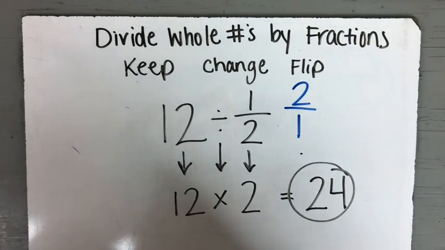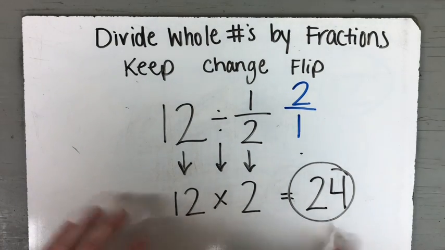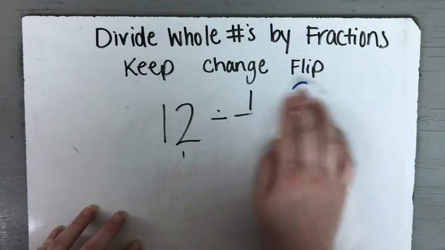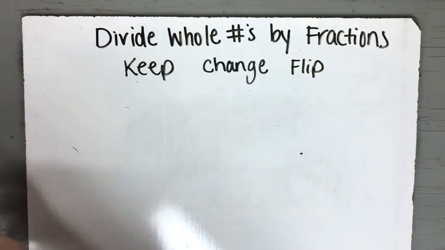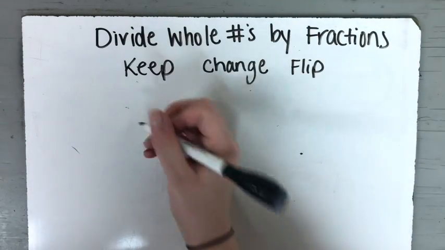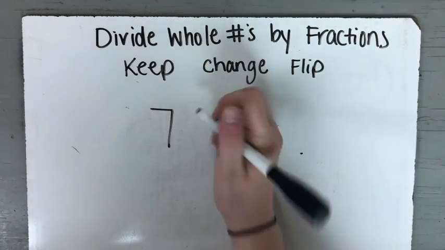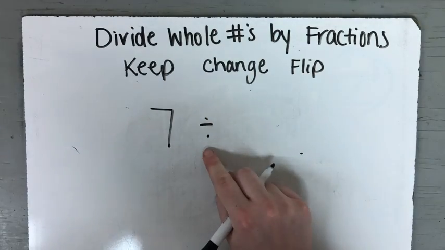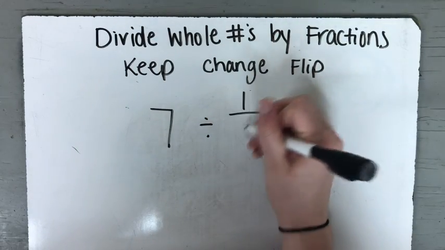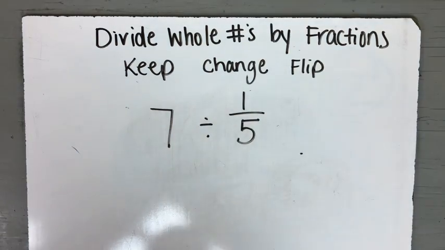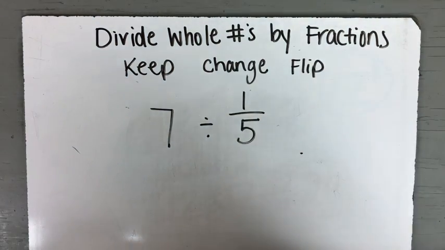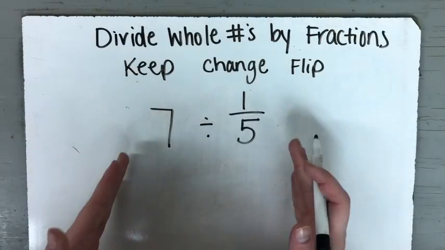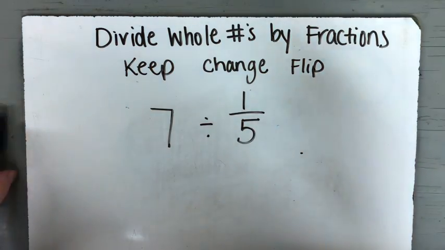We're going to do one more example, but notice how in every one of these problems, my whole number is my first number. That's the number I'm going to keep. You always change your division symbol, and you always flip the fraction. These same rules are going to apply as we go further into dividing fractions, so I thought this was a good skill to start with today.